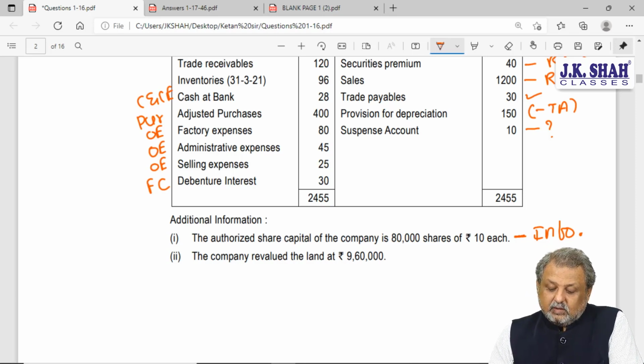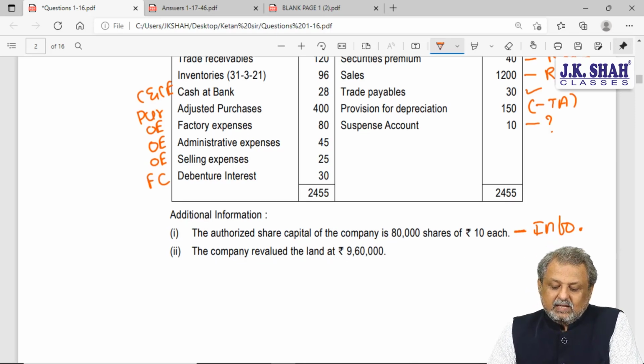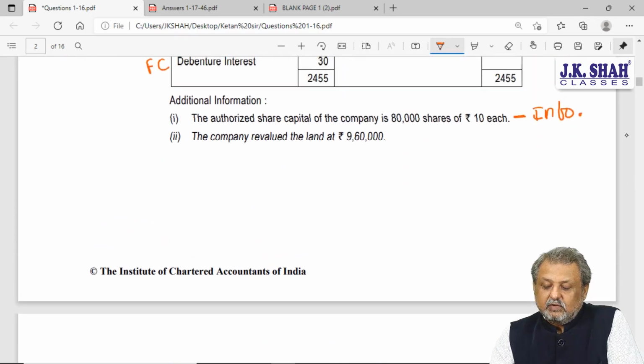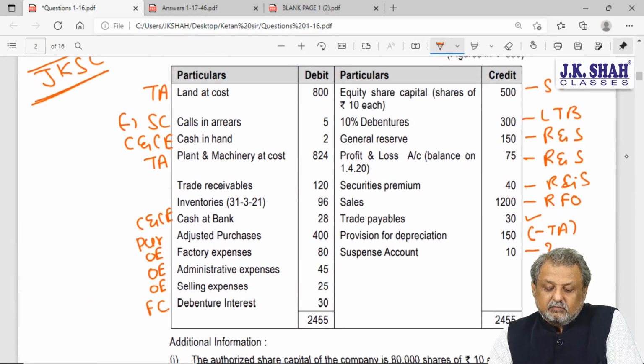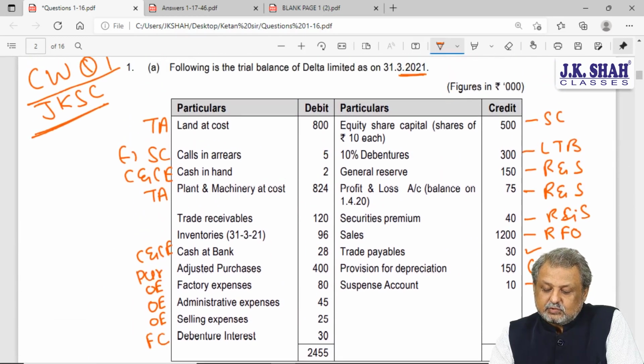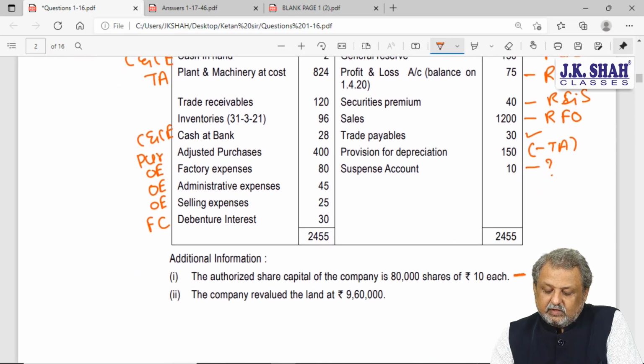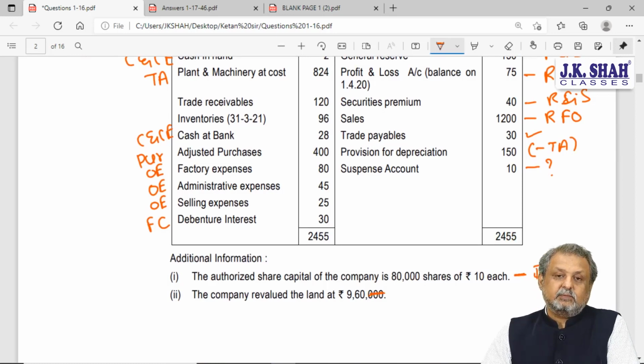Then the company revalued land at 9,60,000. First and foremost, in the trial balance the figures are in thousands, and here a full amount of 9,60,000 is given, so you should cut 3 zeros first, so 960.